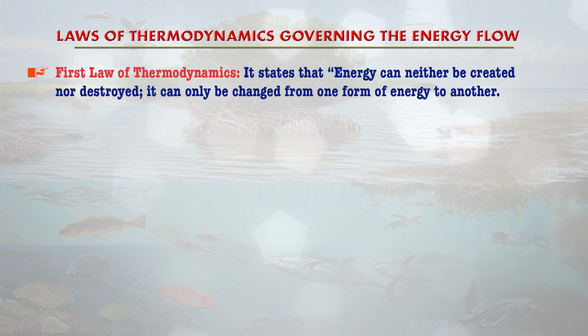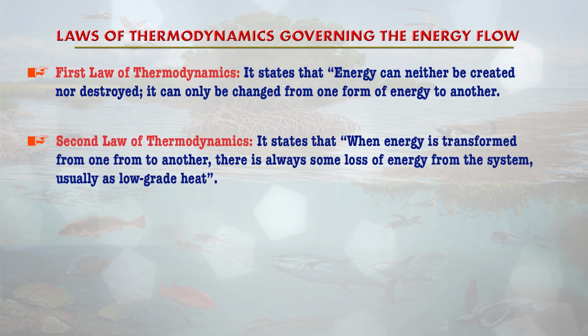It can only be changed from one form to another. The second law states that when energy is transformed from one form to another, there is always some loss of energy from the system. Usually it is low grade heat. So these two thermodynamic laws are governing the energy flow of the ecosystem.